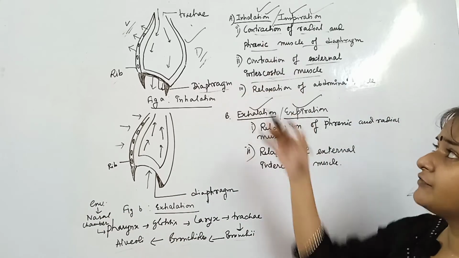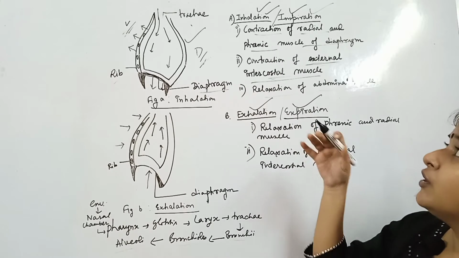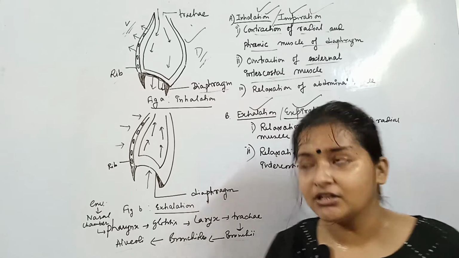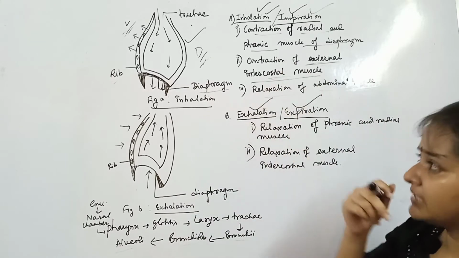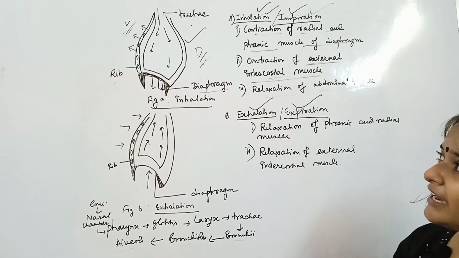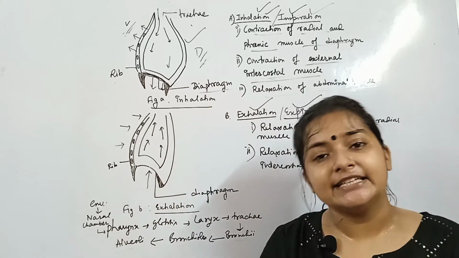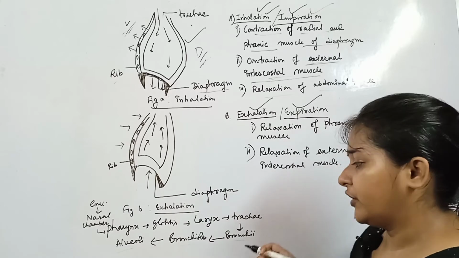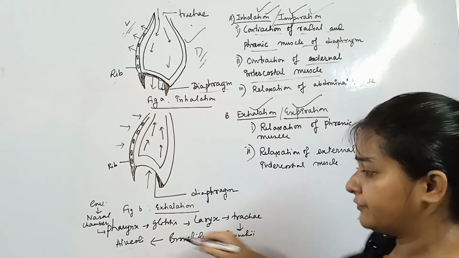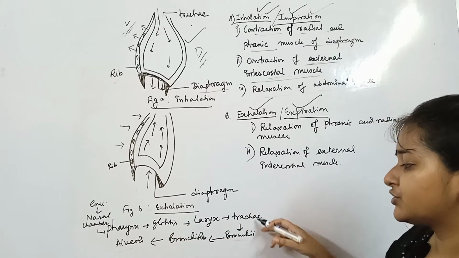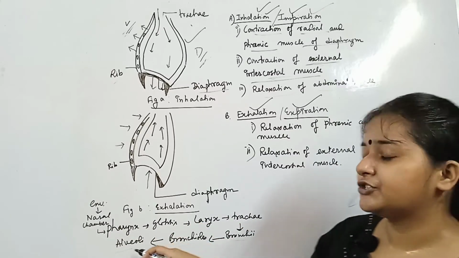So in the first half of this mechanism, we have learnt about the mechanism of inhalation or inspiration. Okay, so this was the mechanism of inhalation or inspiration. So now the fresh air or the oxygen gets inside the lung through this pathway from environment to nasal chamber, then pharynx to glottis, larynx, trachea, then bronchi, bronchiole, and to alveoli.